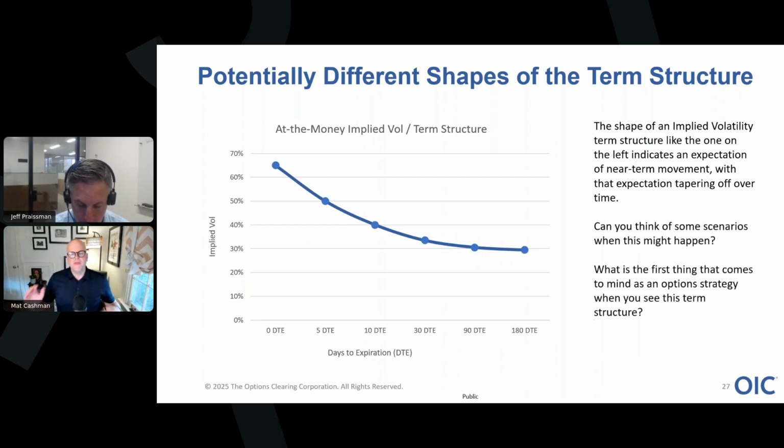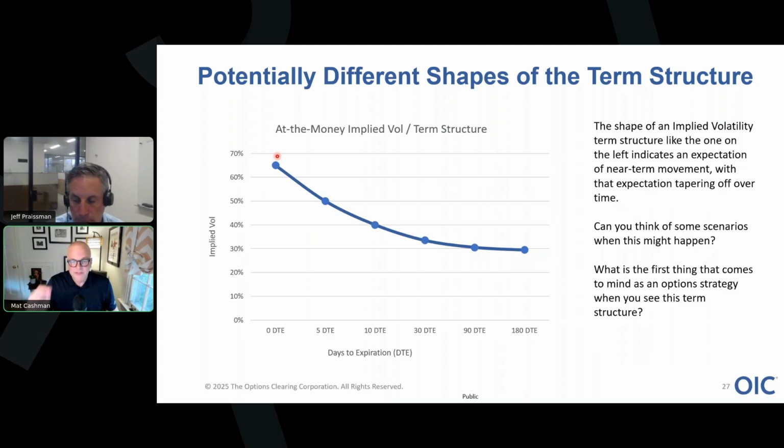And so when you think about this, I want you to think about what scenario this might be pricing. What kind of setup in the marketplace might this be a function of? Sometimes people look at this and say, well, this is a stock that's moving around a lot now that's not forecasted to move around later. And I totally agree with that. That can happen for lots of different reasons. It can be a broad-based market thing, like non-farm payrolls coming out and affecting the entire market.